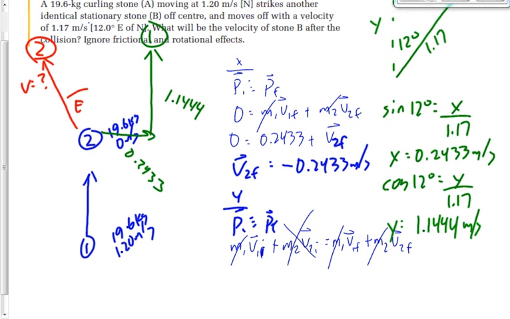That's a heavy rock, eh? Throwing down the ice. V1i here for the y component is 1.20. V1f for the y component is 1.1444. So for V2f, we get 0.05557.